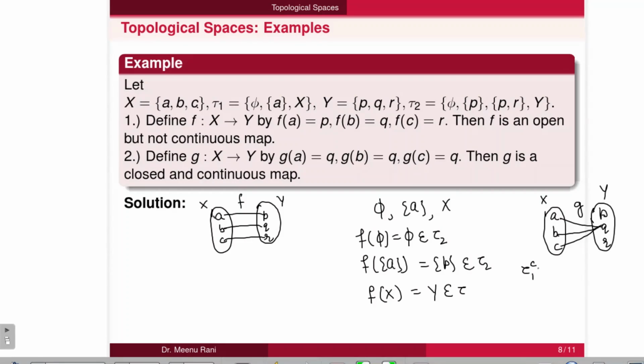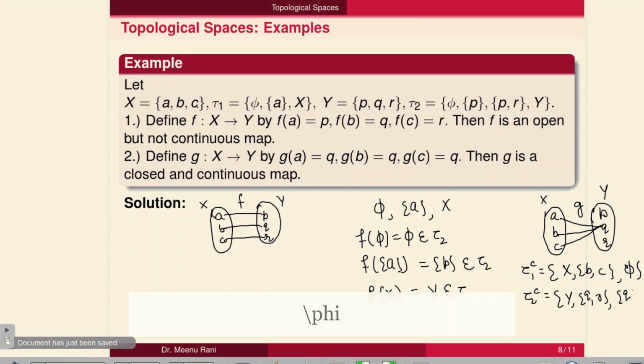Let us take complements of the open sets: X, B, C and phi in X, and for tau 2 the complements are Y, Q, R, Q and phi.